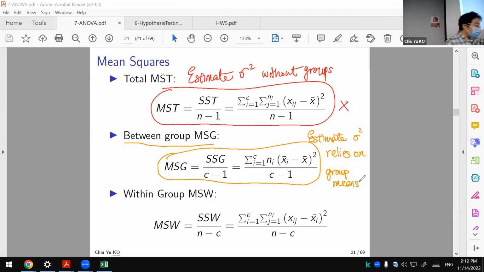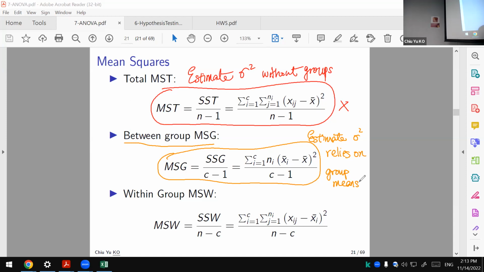So look at each group mean, how it is different from the overall mean, right? And probably you ask why C minus 1? It's very easy to see because you have C groups, and minus 1 is just the way we do it when we calculate that, okay?